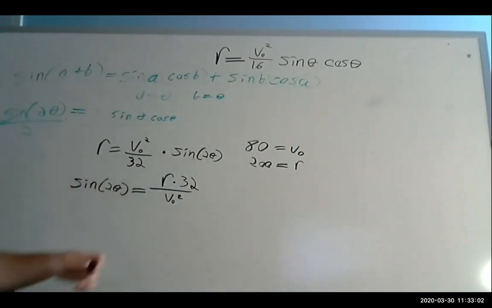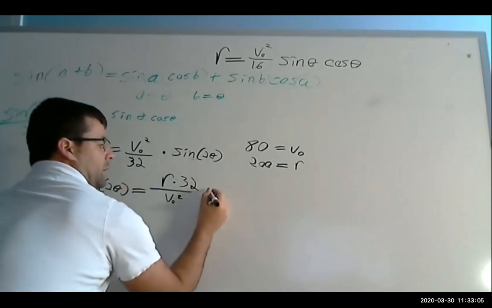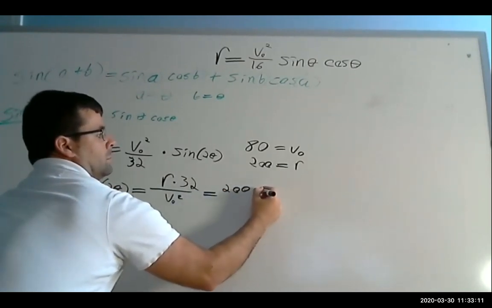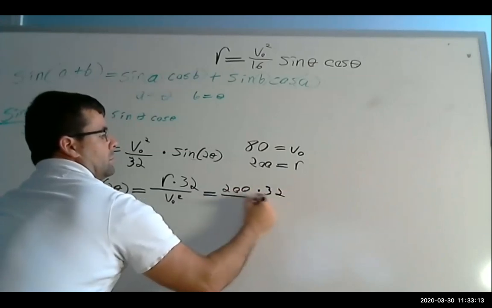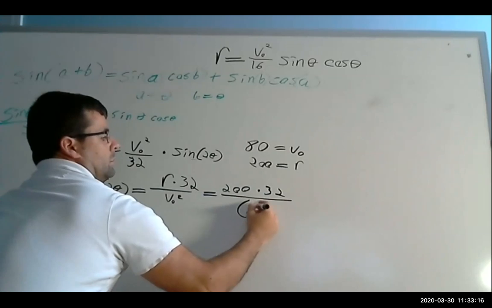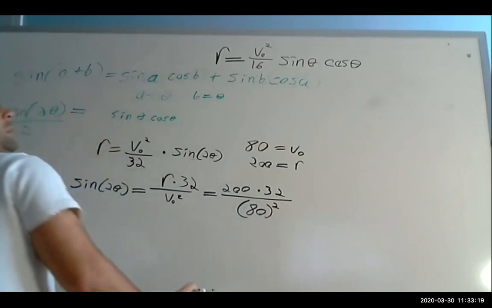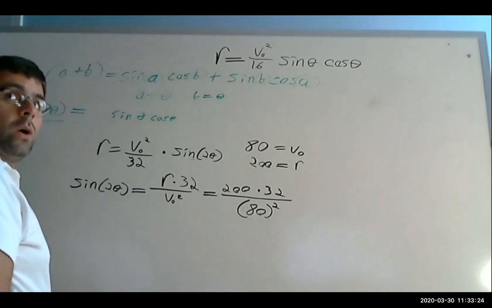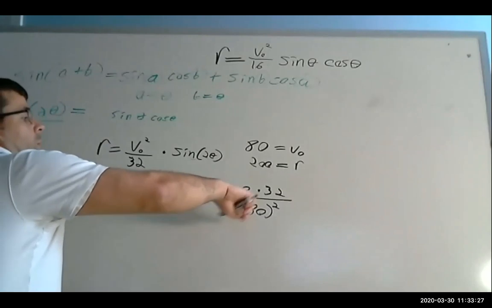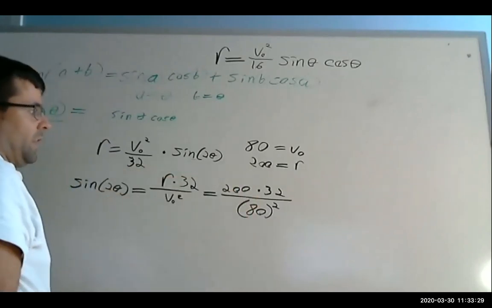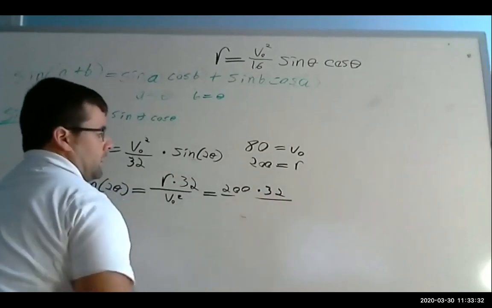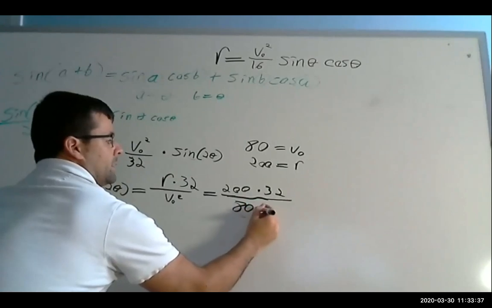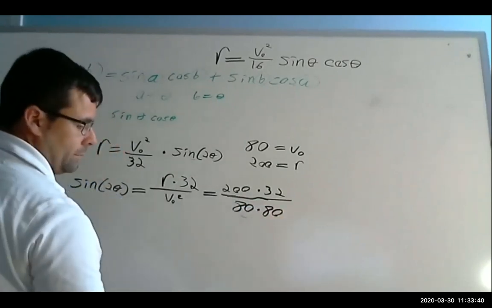Okay. Now we plug stuff in. So let's simplify this thing. 80 squared is 80 times 80.